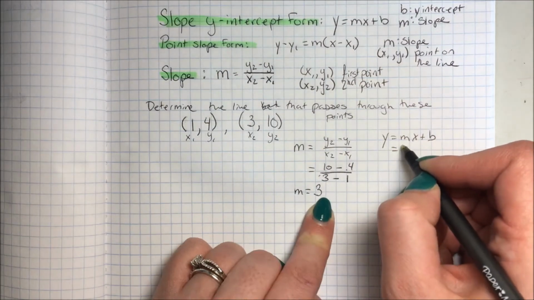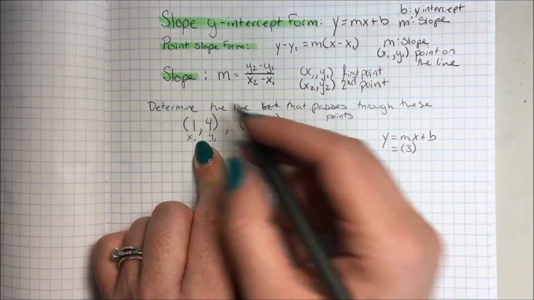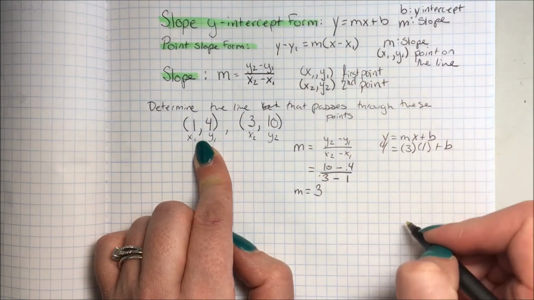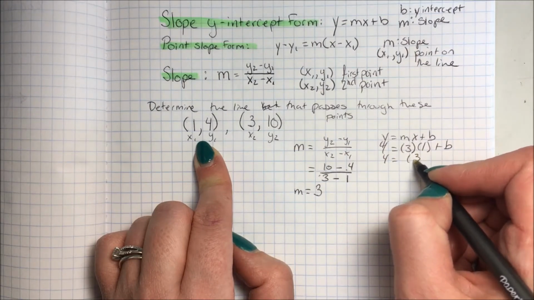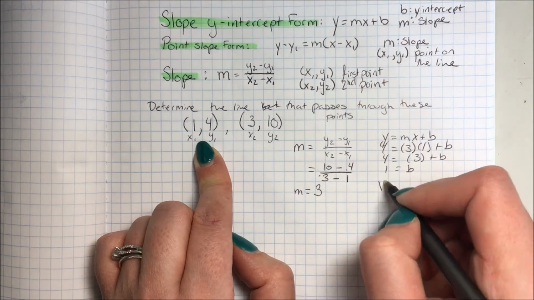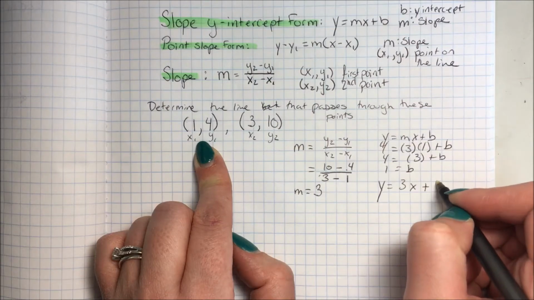Okay, I know my m is 3. My x, I'm going to use the first point. So y is 4, x is 1, and I can solve for b. So 4 equals 3 times 1, which is 3, plus b. B is 1. So the equation of the line is y equals 3x plus 1.